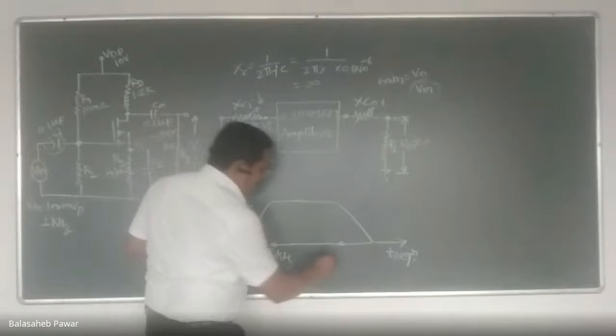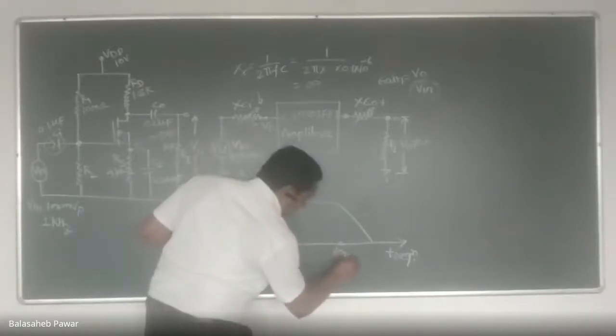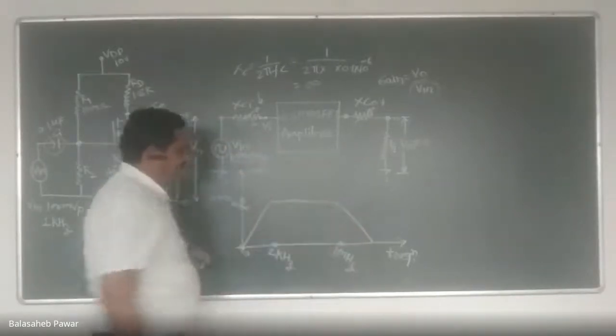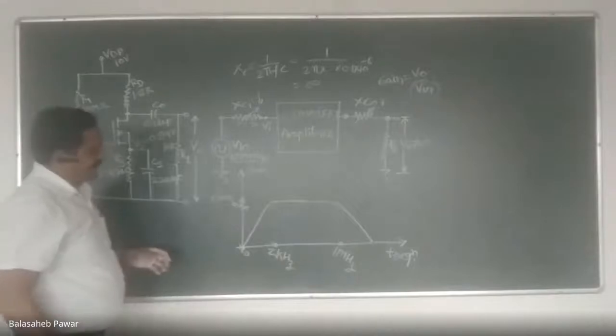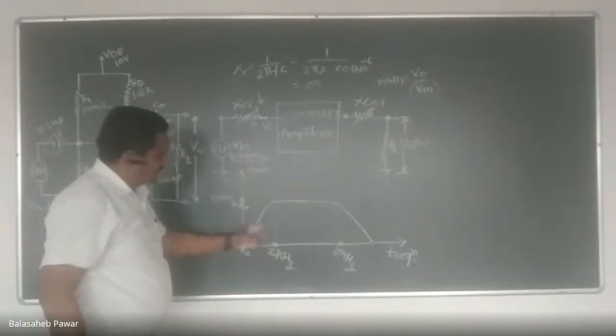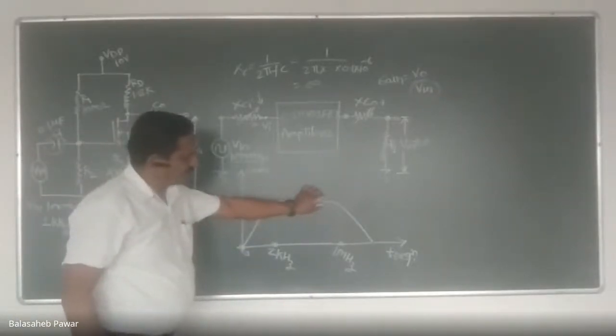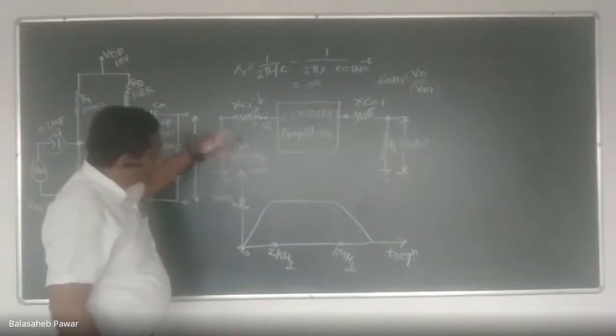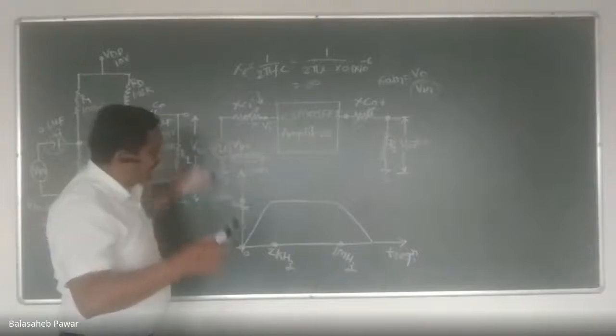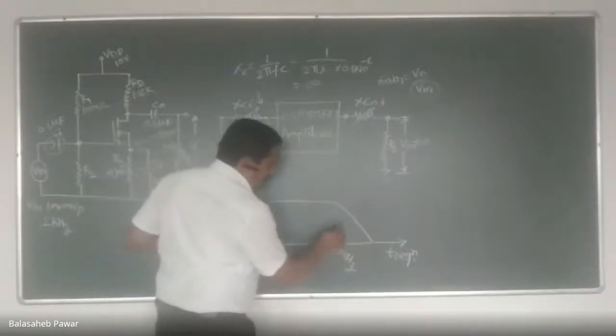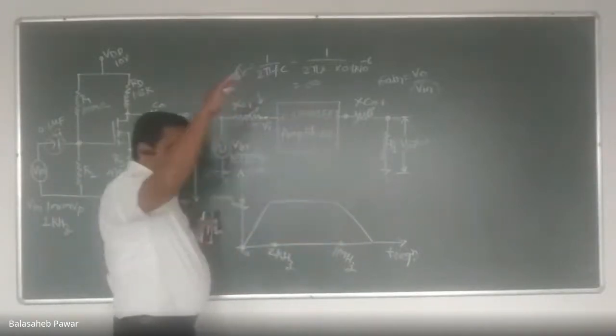Suppose this frequency is 1 megahertz. I'm taking just an example. See, after 2 kilohertz, the gain remains constant, but whenever we want to increase the frequency of that input more and more, then after a particular frequency, again there will be a reduction in gain.